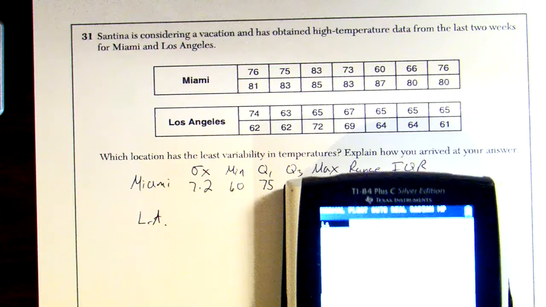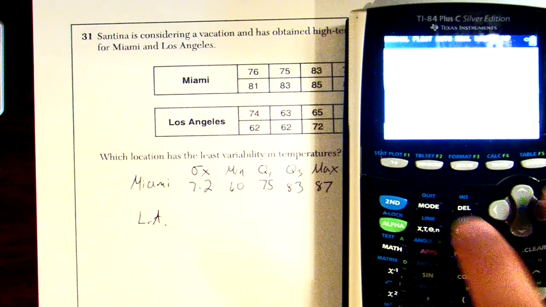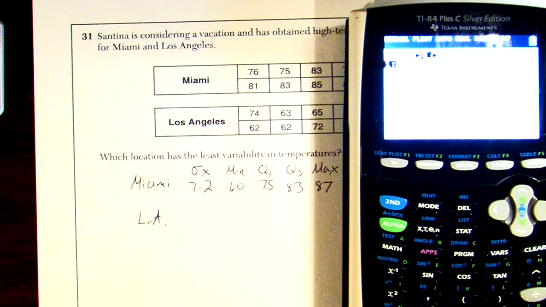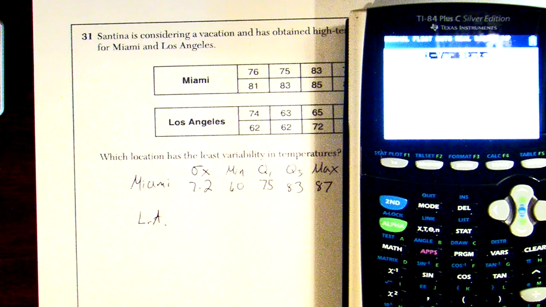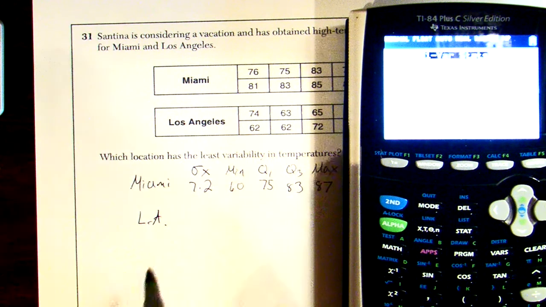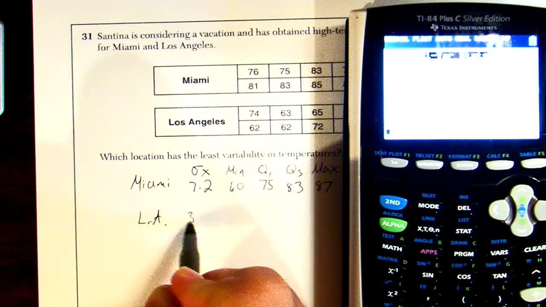So now back to my calculator, press stat, go to calc, number 1, one variable statistics, my L1 list, and I'm going to calculate it. That gives me my mean and everything again. So I'm going to write that down. My standard deviation is 3.63, or just round to 3.6.